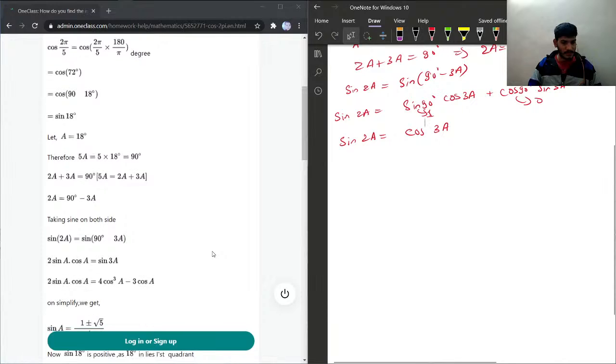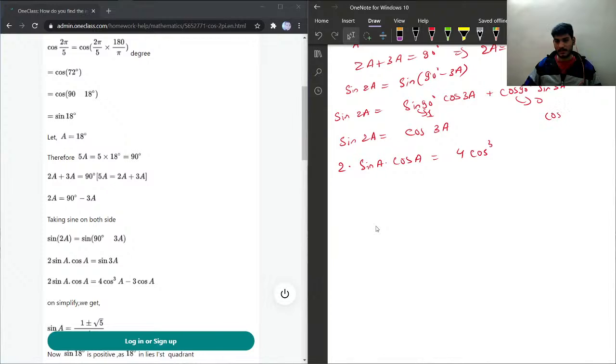Now I will write sine 2A in terms of sine A, so I'll use a double angle identity here: 2 times sine A cosine A. And for cos 3A I will use the triple angle identity.